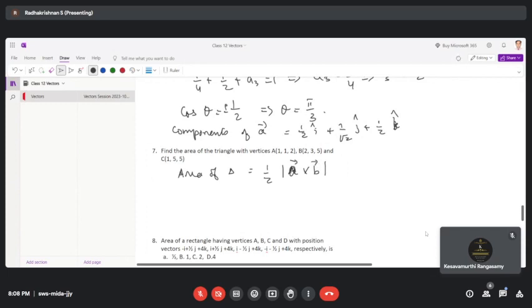Now, given these vertices A, B, and C, how can we compute this? Sir, they are OA, OB, and OC. Exactly. So you have to take this as OA, OB, and OC. So what is AB? And BC, right?